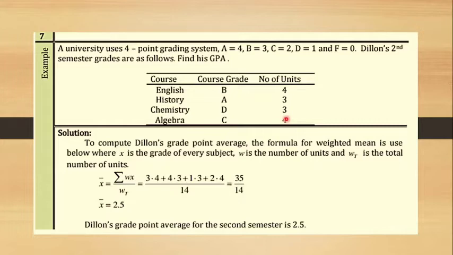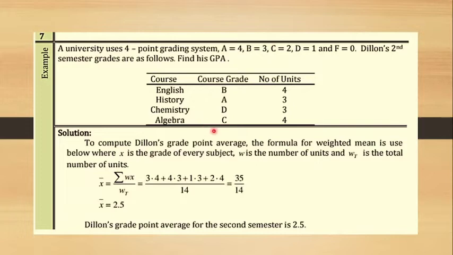We have here the formula: mean, or x bar, is equal to the summation of w, the number of units. Where is the number of units? This is your w. And the x is the grade of every subject.